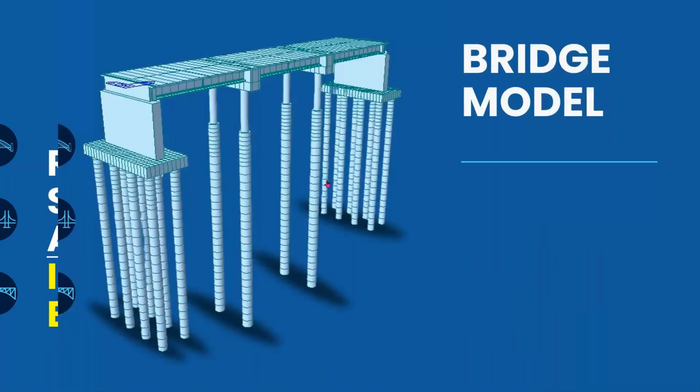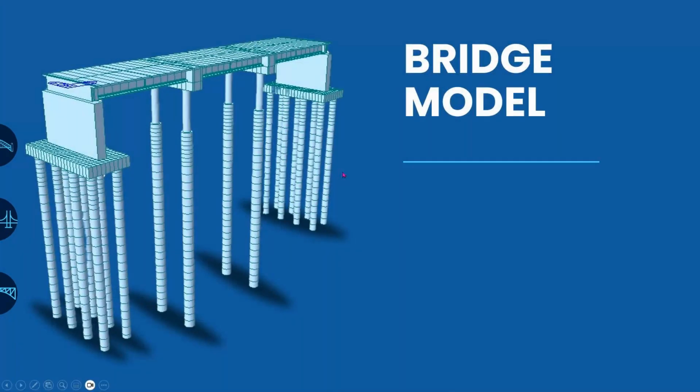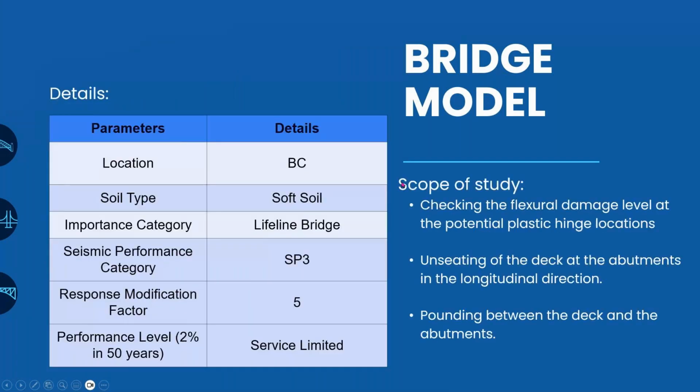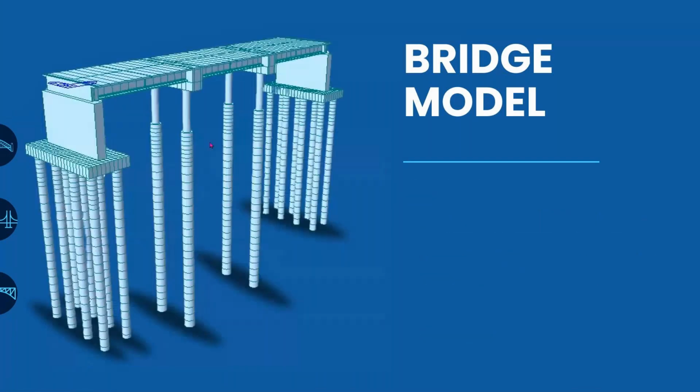Coming to the bridge model, we can see that this bridge is basically a 3-span PSC composite structure, with abutments at both ends. Pile groups are present. It's a bent with a portal type of structure for the piers, and the piers are resting on monopiles.